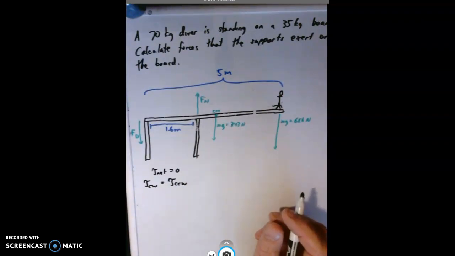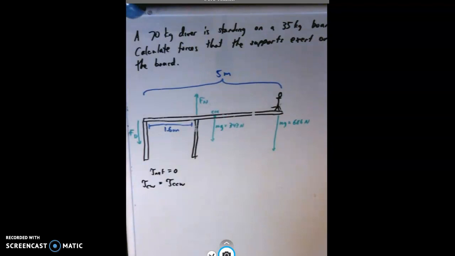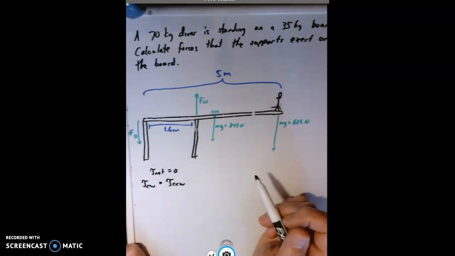Now, the weird part is we're trying to define an axis of rotation for something that is not rotating. So the fun part is you can make it wherever you want. Just decide on a place.